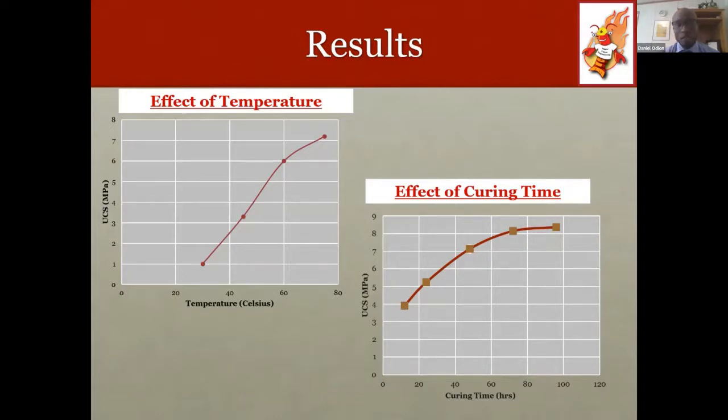But when we got to 60 degrees, we started noticing a less steep slope, and we concluded that 60 degrees is going to be kind of optimum for our testing. In addition, when we compared this to the 28-day strength of our geopolymer, we found that they are actually almost equal.